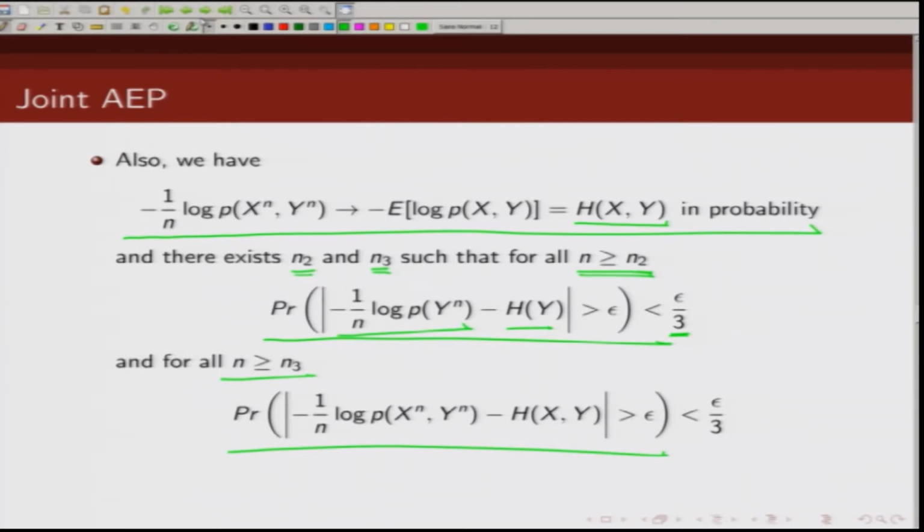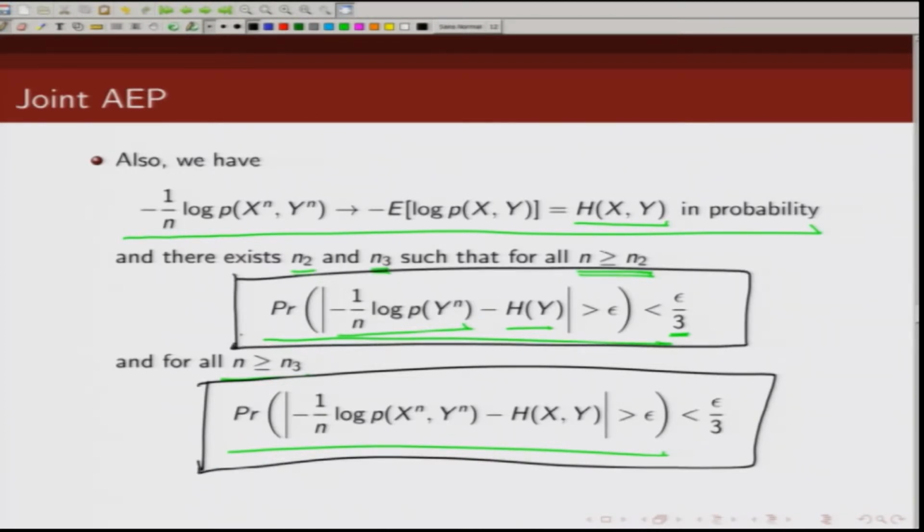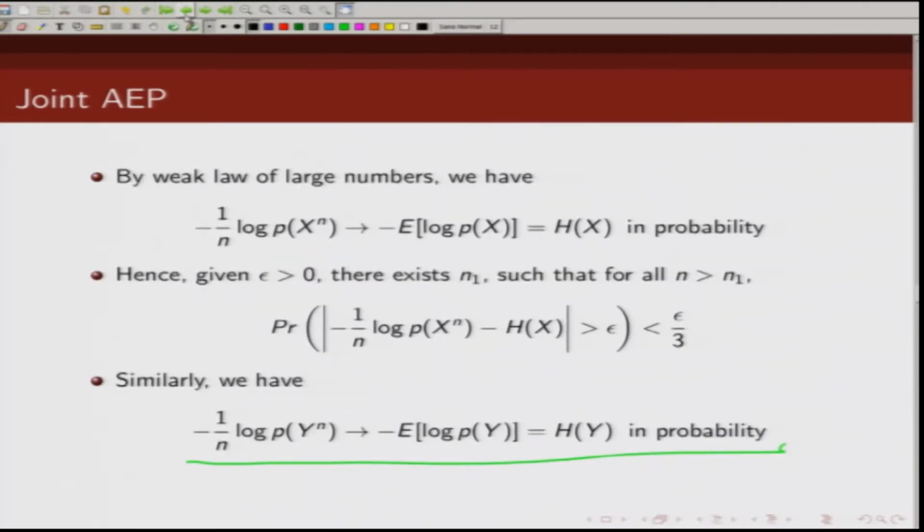So then we can combine these three conditions. One is this one, another is this one, and the third one is this one.